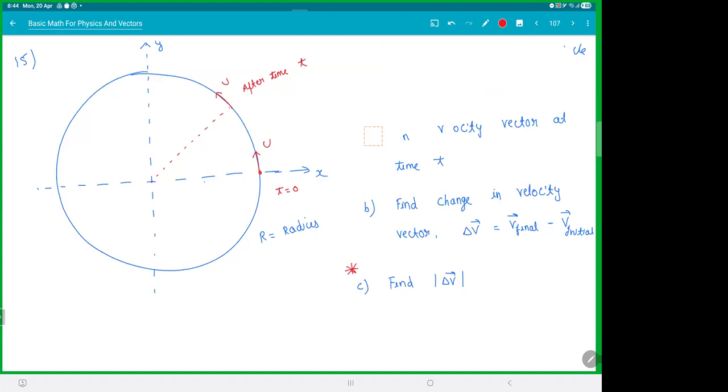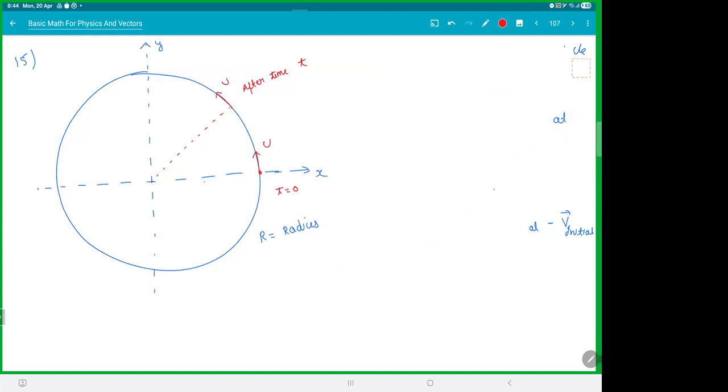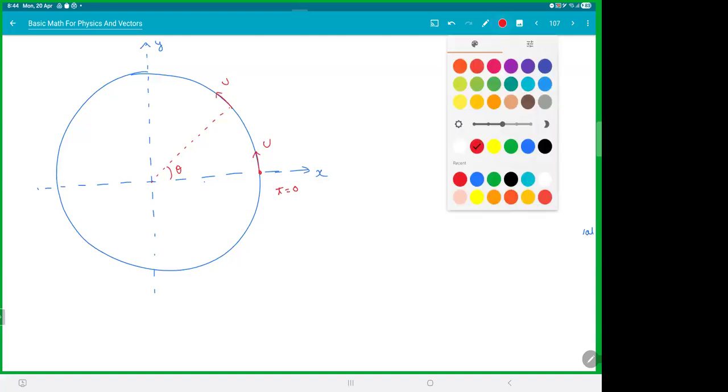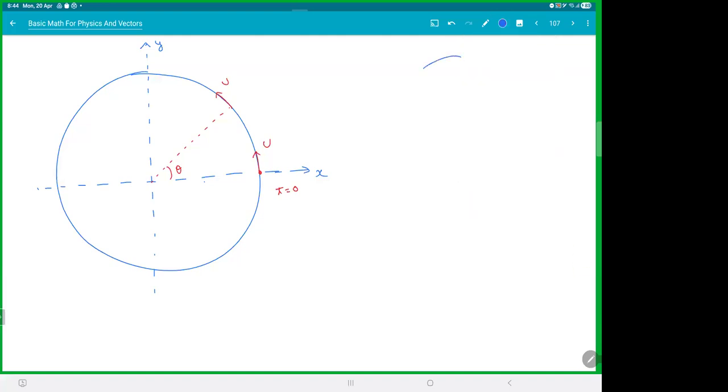Listen, I'm sure you guys will get this, but it looks a little weird, like the alphabets and all, nothing much. So let's say this is angle theta. How much is theta? How do we get theta? Look at this. In this circle, after time t, how much will the particle travel? In time t, you will travel a distance of u into t.